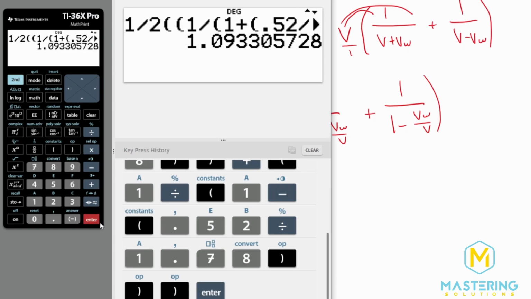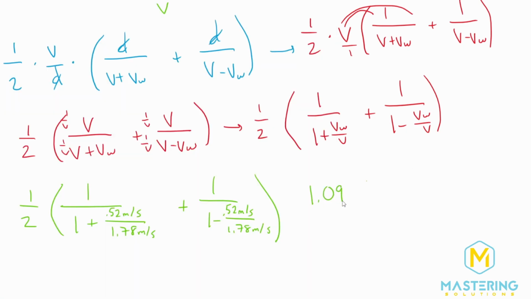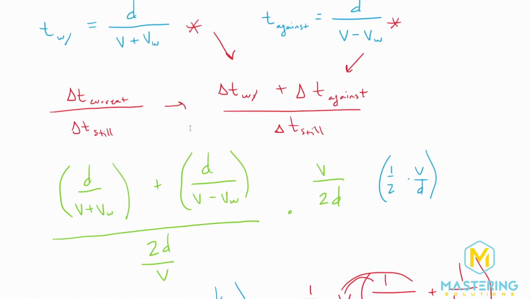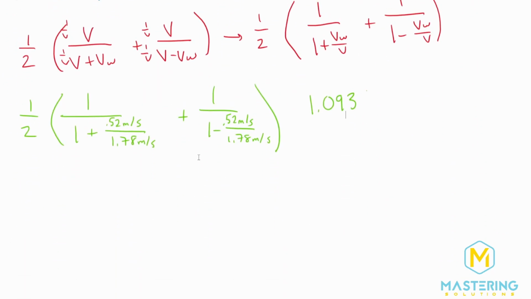That gives us 1.093. Now what is that? Remember, we're comparing the ratio of the time with the current divided by the time with no current. If we have a number greater than 1, that means it took longer with the current. So it's 0.093 longer.